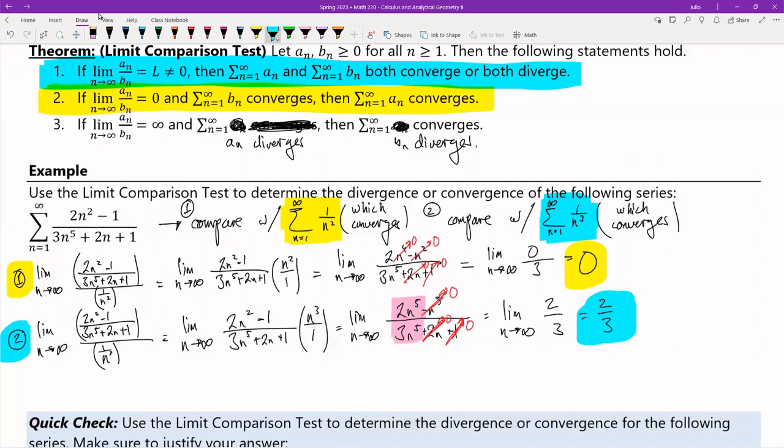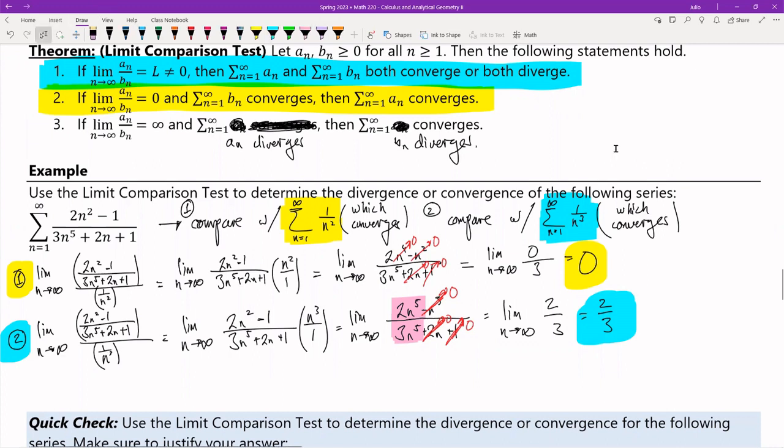That was it. We did not have to prove any form of relationship, which is a good plus for the limit comparison test, okay? Both of these are now in our wheelhouse. We can use them whenever we need to, okay?